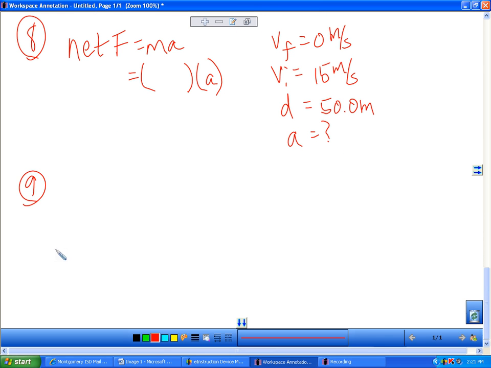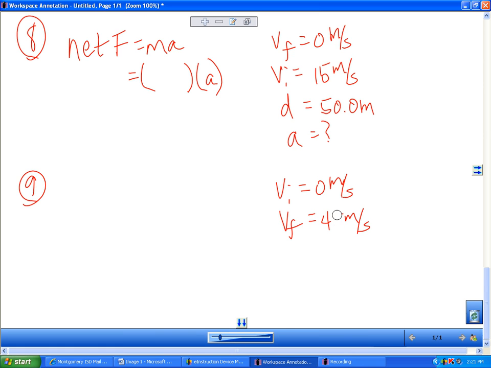Number 9. When a 58-gram tennis ball is served, it accelerates from rest to a speed of 45 meters per second. The impact gives it a constant acceleration over a distance of 44 centimeters. Change that to meters, please. What is the magnitude of the net force? All right. So it's the same thing. VI is 0, just like number 8. VF, we want it to go 45 meters per second.